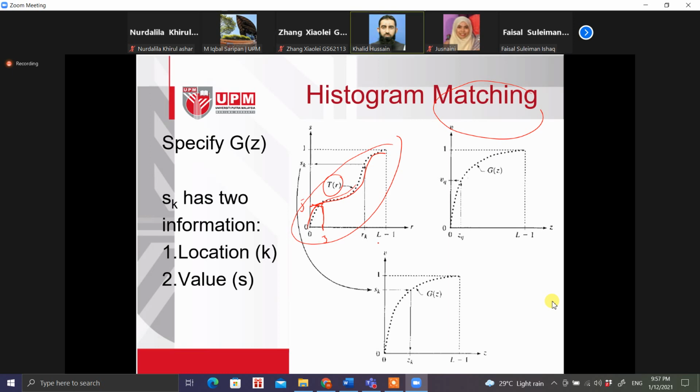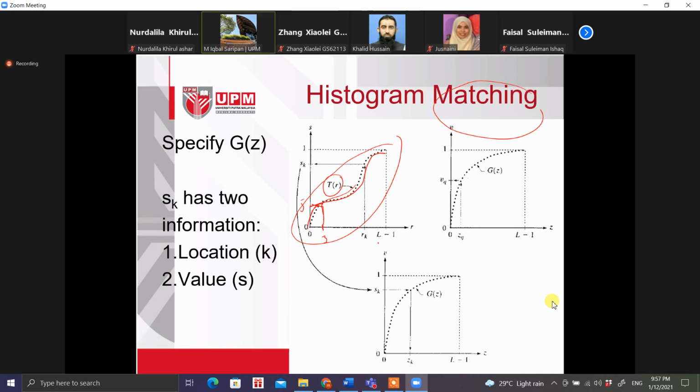For histogram matching, can we directly match from the original histogram, or is it compulsory to first go for the equalization and then go for the matching?